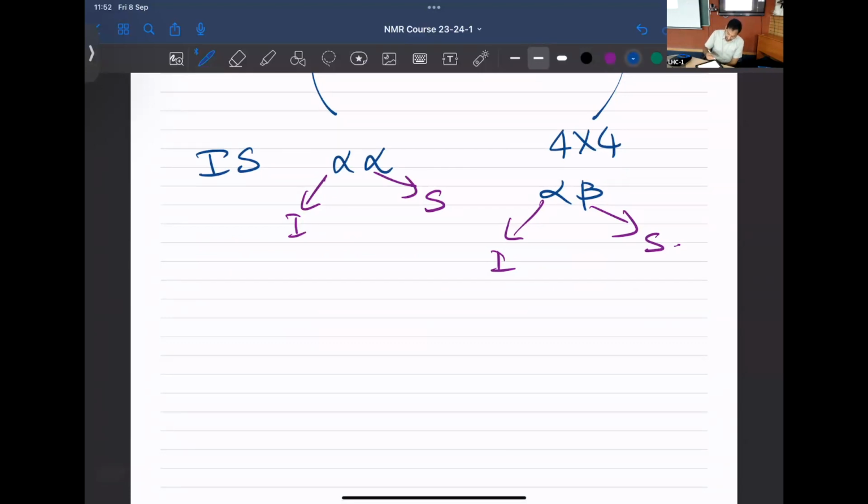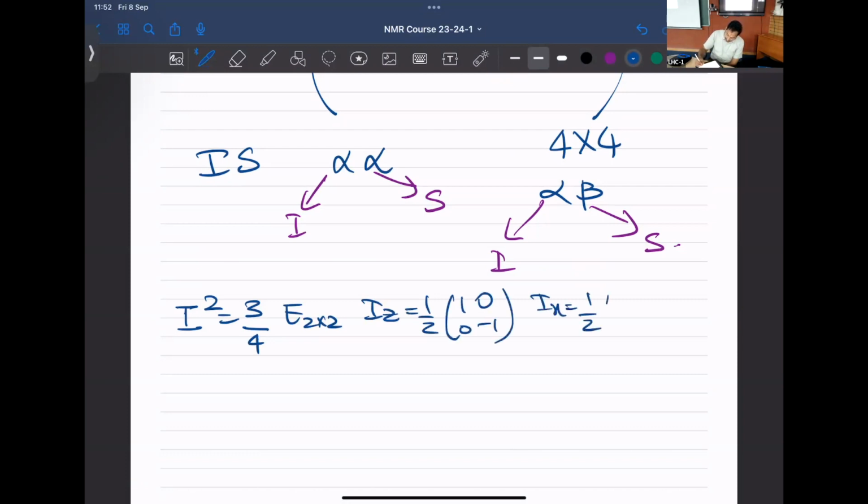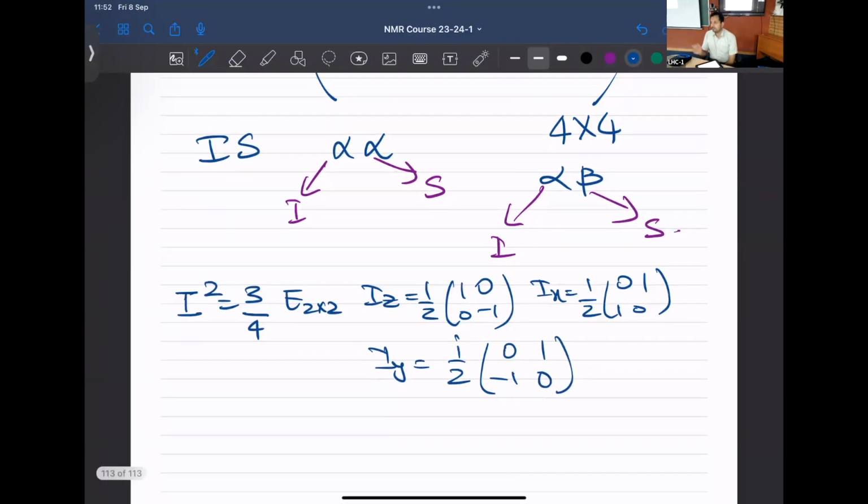Before expanding dimensions, let's write some important things. So I squared is 3/4 E2/2. Iz is 1/2 times [1 0; 0 -1]. Ix is 1/2 times [0 1; 1 0]. Iy is i/2 times [0 1; -1 0]. Is that right? Or did I swap the minus one? Go check it out.